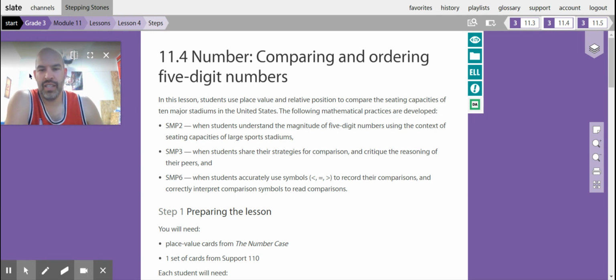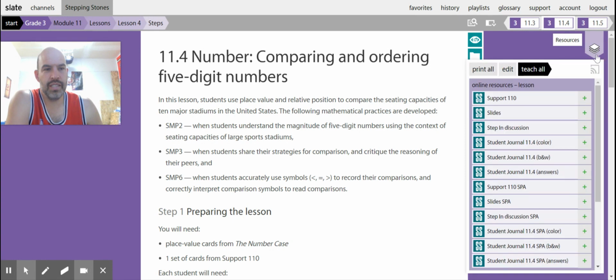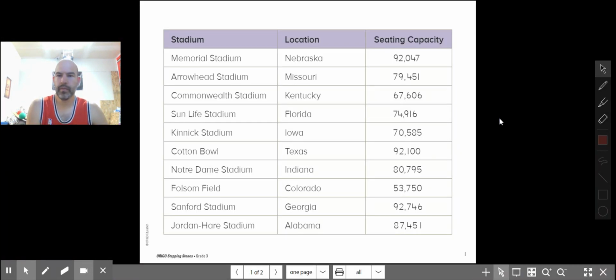All right. So let's go ahead and start right here at our slides. Looking here on slide number 1, we can see there's a list of stadiums on the left-hand column.